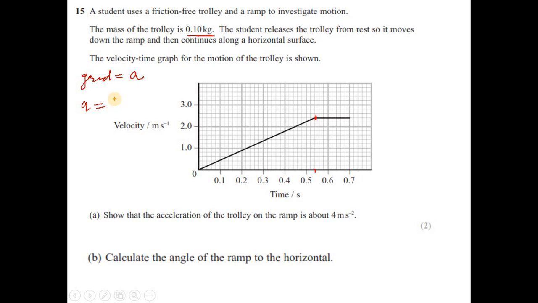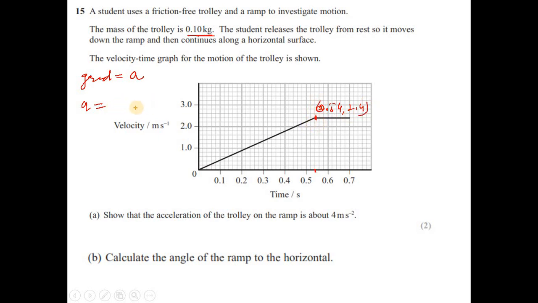So acceleration is the gradient of the graph, and if you see, the coordinate of this point is 0.54, 2.4.